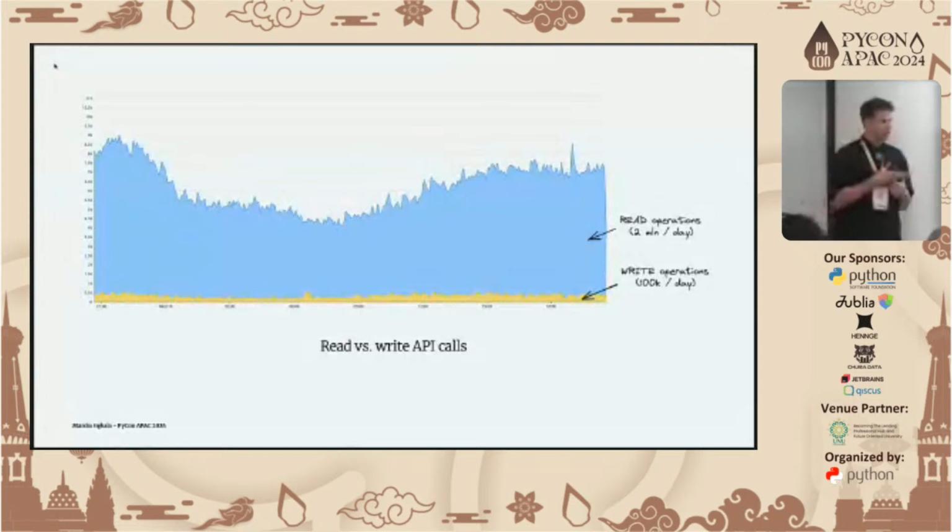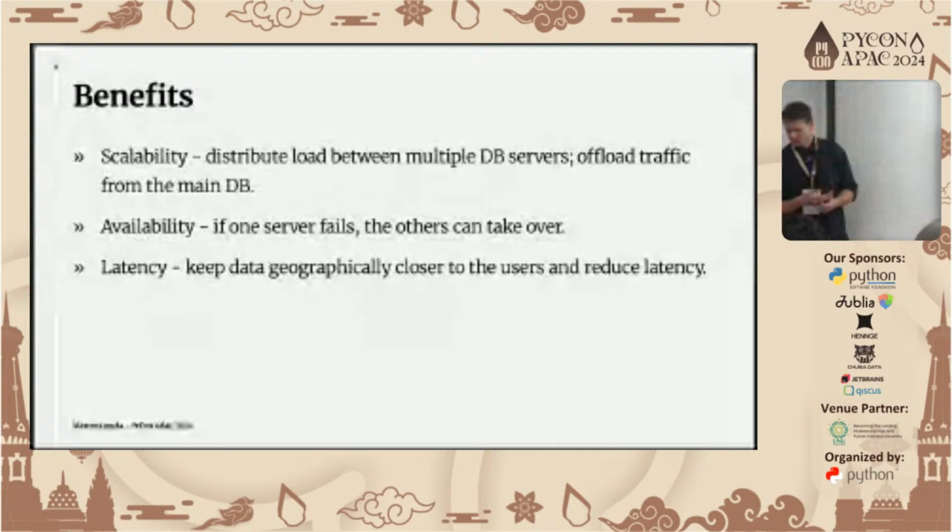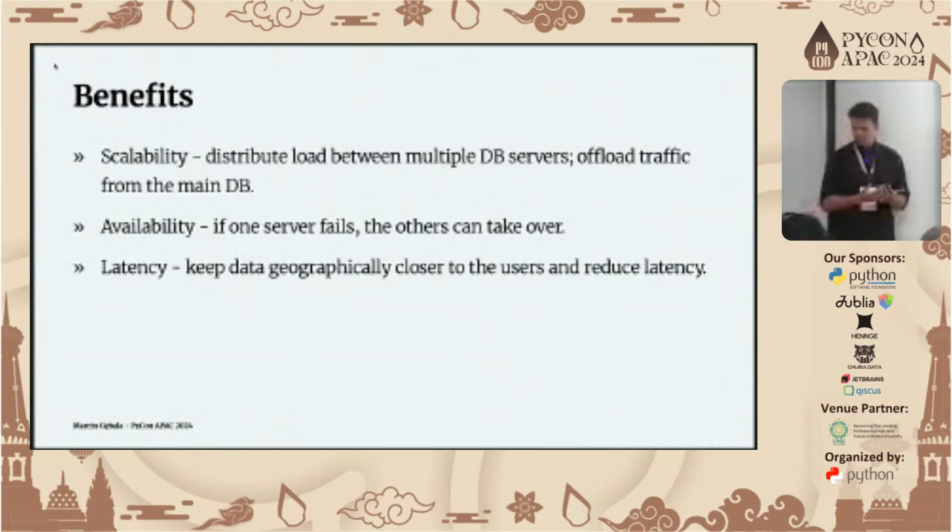The benefits of database replication. First, scalability. Because we have more databases, we can distribute loads into multiple database instances, which offloads traffic from our single writer so that it can perform faster. Then, availability.